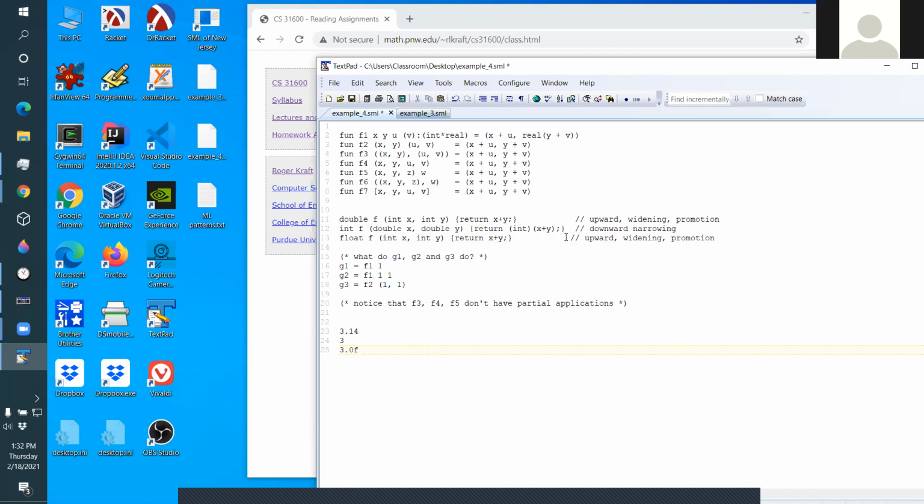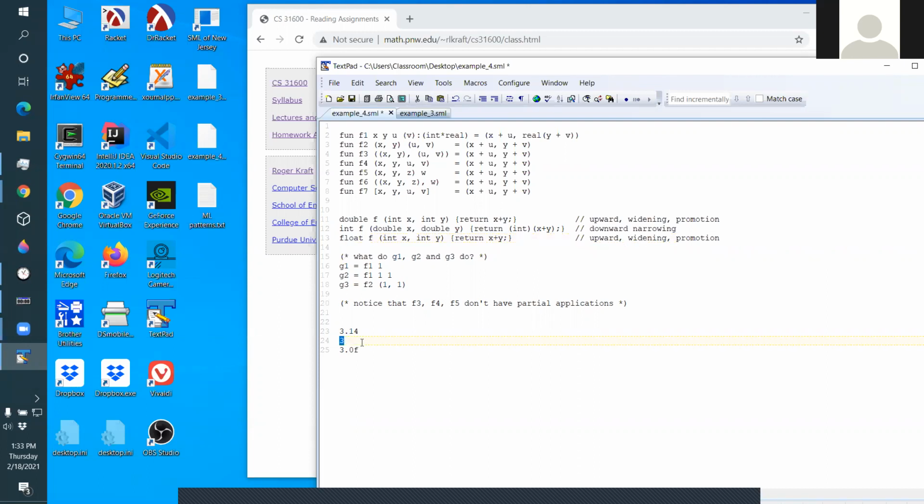But it's still considered widening, okay? And this is why these words are kind of weirdly ambiguous. This one's called widening when you go from int to float, but there is no widening of the data because it goes from 32 bits to 32 bits.